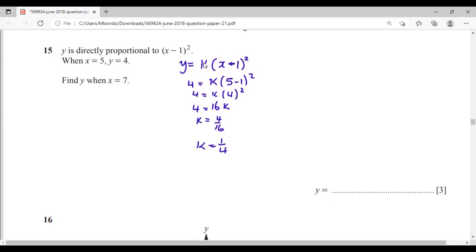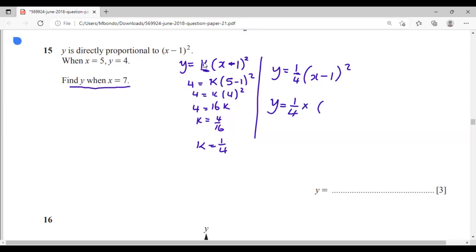Okay, so what will be our equation now? Where there is k here, we're going to put 1/4, then (x minus 1) squared. So this is the equation that we're going to use when answering the next question. Now we want to find the value of y when x is equal to 7.